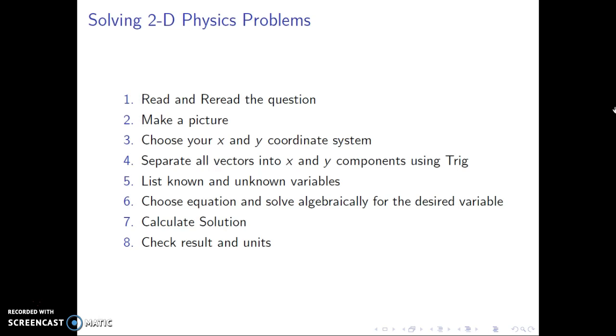Notice that in these first 6 steps, we have not once actually picked up a calculator. The calculations don't happen until step 7, when we finally start putting numbers into the equations after we've solved algebraically, and then we plug it into the calculator, get a solution, and check our results and our units.